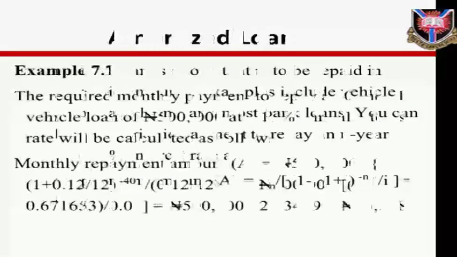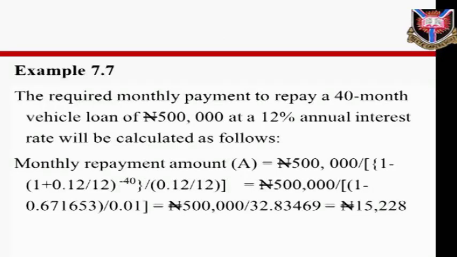Example 7. The required monthly payment to repay a 40-month vehicle loan of 500,000 naira at a 12% annual interest rate will be calculated as follows.